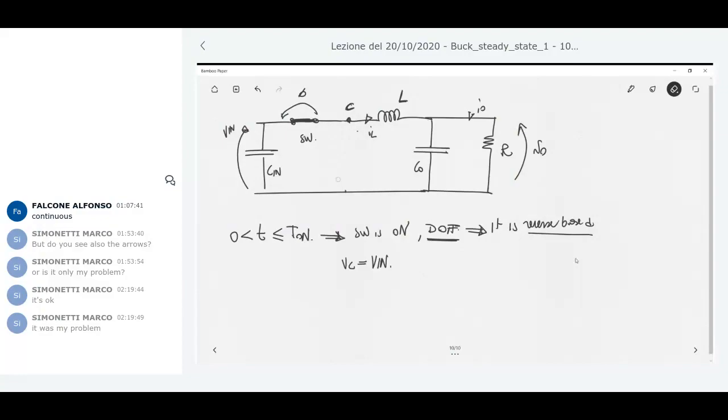Okay, in that situation, what happens? The current flowing in the switch is the same as the current flowing in the inductor.